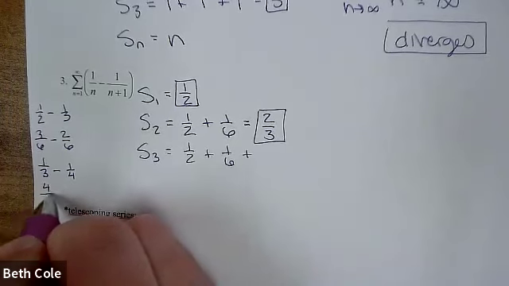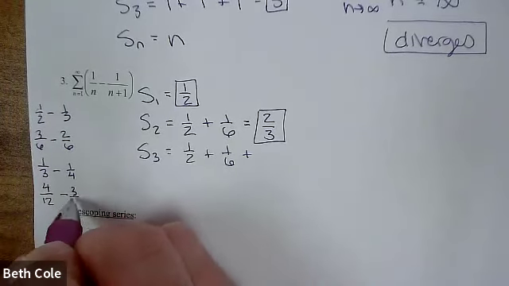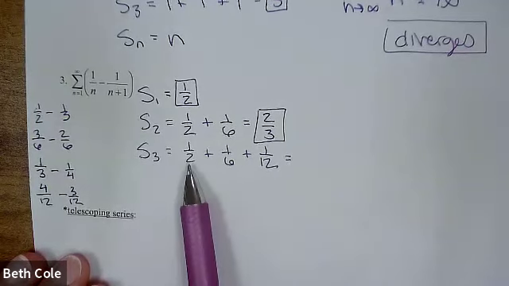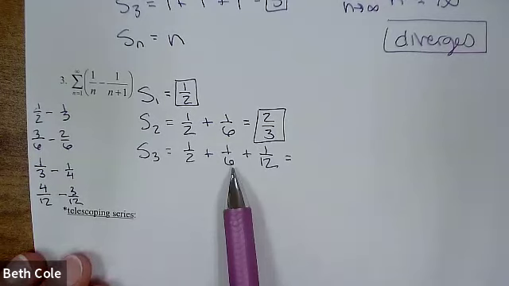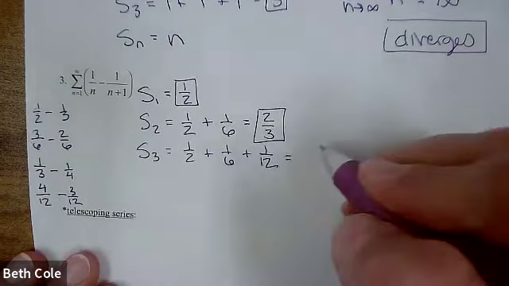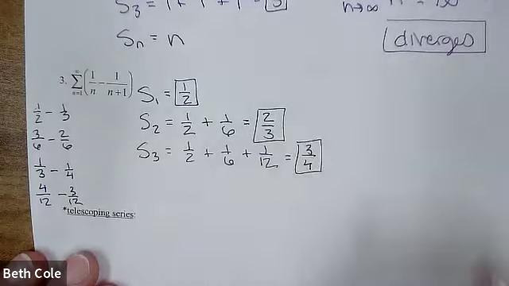So this is 4/12 minus 3/12, which is 1/12. Then we have to add all those together. Common denominator is 12. I hear some of you working it out already. This would be what, 6/12, plus 2/12 plus 1/12, is that 9/12, which would be 3/4.